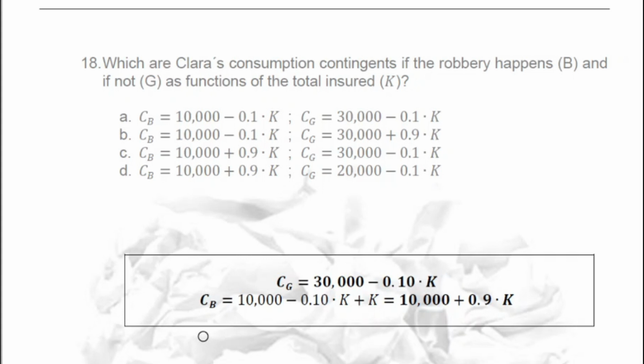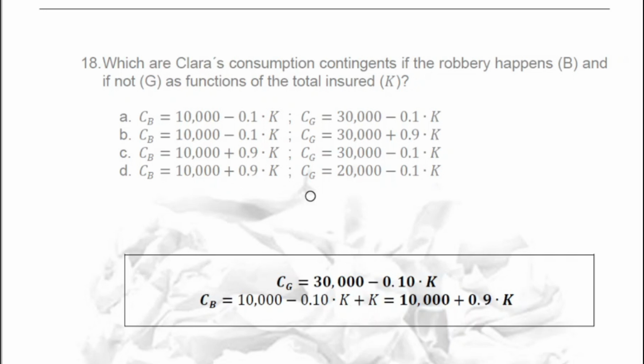Now, if the bad state of nature occurs, she will receive tomorrow $10,000 from the buyer. She has already paid the insurance, if she buys, of course, and she receives K from the insurance because the bad state of nature happens. If we operate here, we have 10,000 plus 0.9 K.